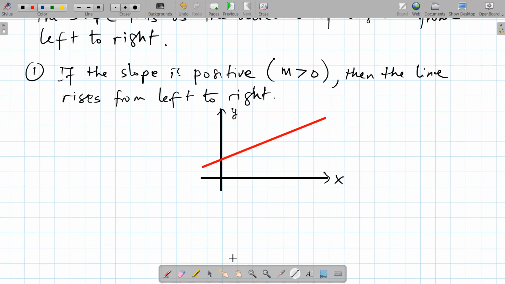Okay. So this is where we have a positive slope. Then we have the second one.